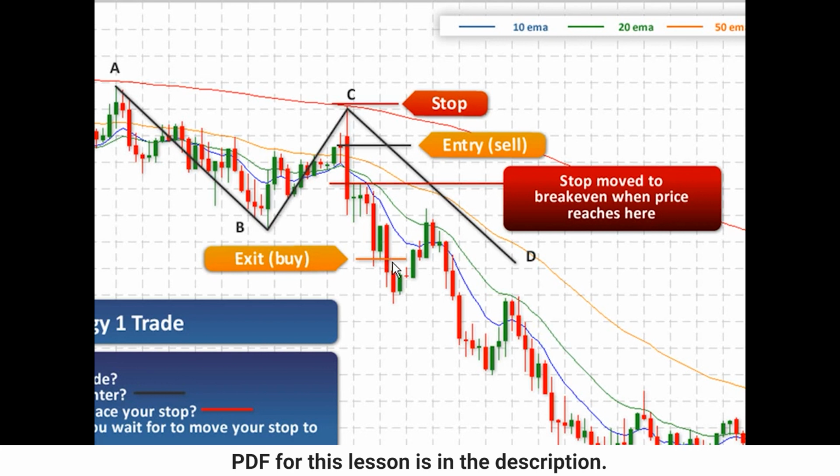Now let's think about this. On the chart it may not be exactly clear, but we can work this out pretty much without even looking at the chart because we know it's a Strategy 1 trade. We know from entry to stop it's 25%, because we're going to be entering at the 25% mark. Then we know that the stop is at 100%. So the distance between entry and exit is 75%, because it's 100% from point C to exit and the stop to entry is 25%.